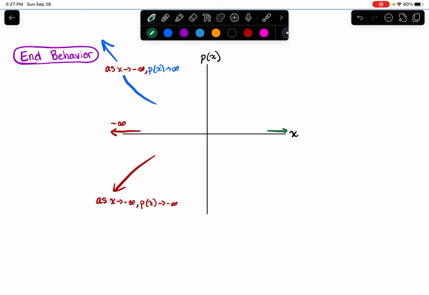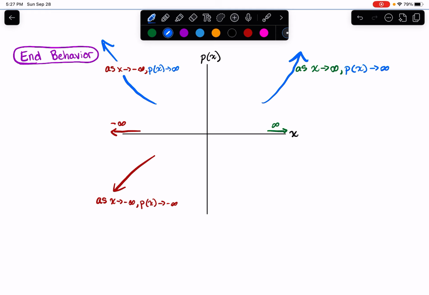On the right side of our graph, x is getting really large. So if the right side of our graph is headed up, we would say as x approaches positive infinity, p of x approaches positive infinity.